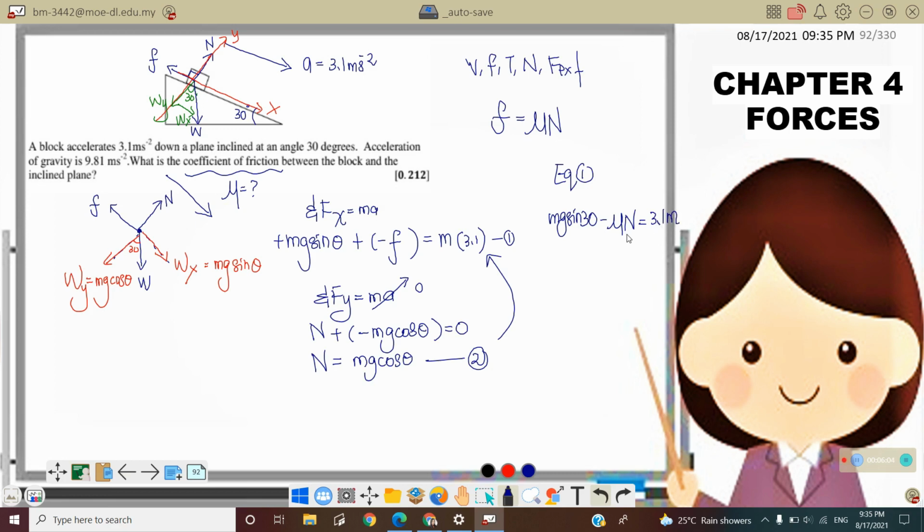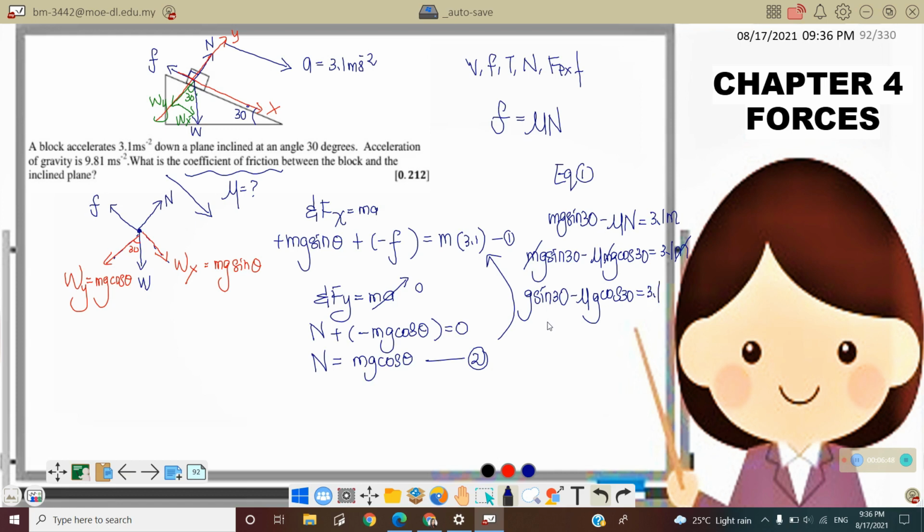Substituting n equals mg cos 30, the equation becomes mg sine 30 minus mu mg cos 30 equals 3.1 m. We have m on both sides, so we can cancel it. At the end, we get g sine 30 minus mu g cos 30 equals 3.1.